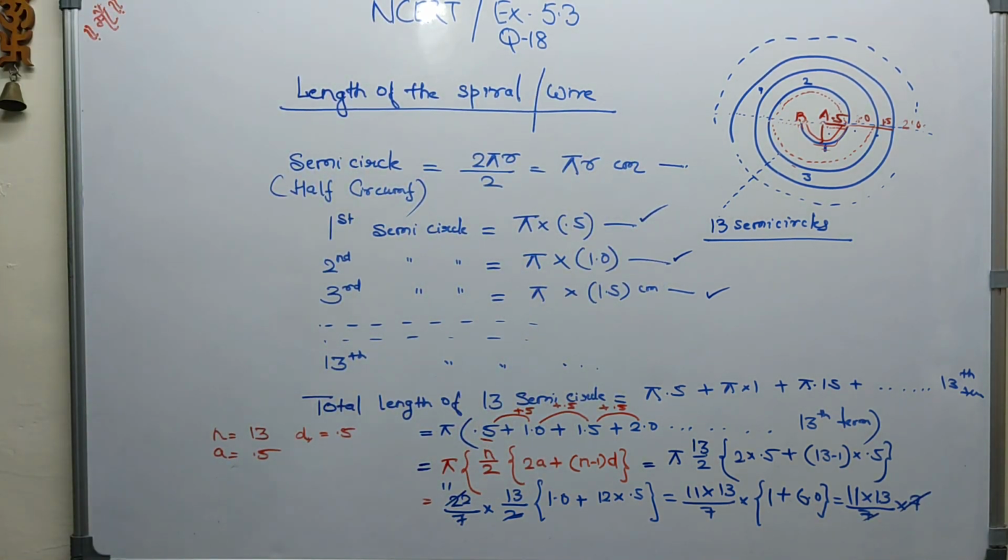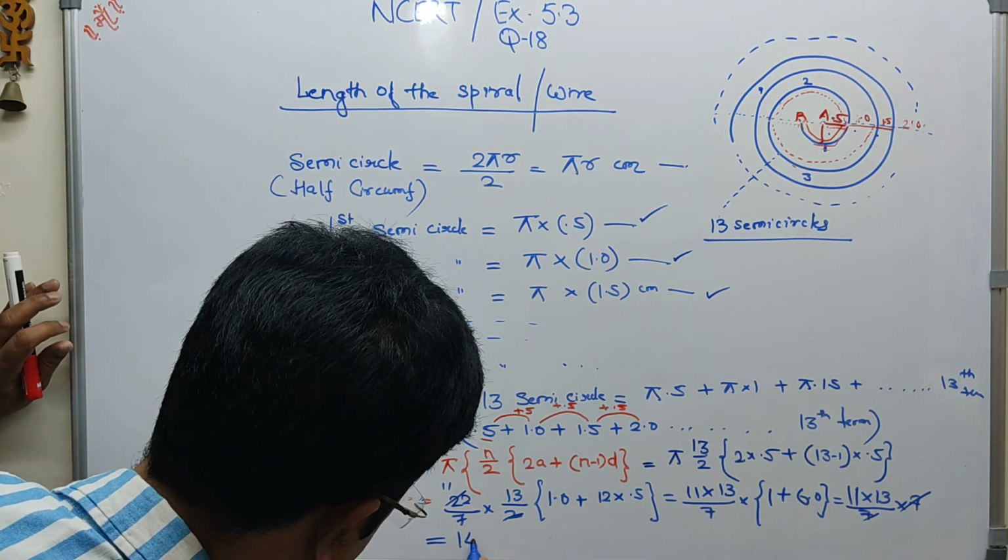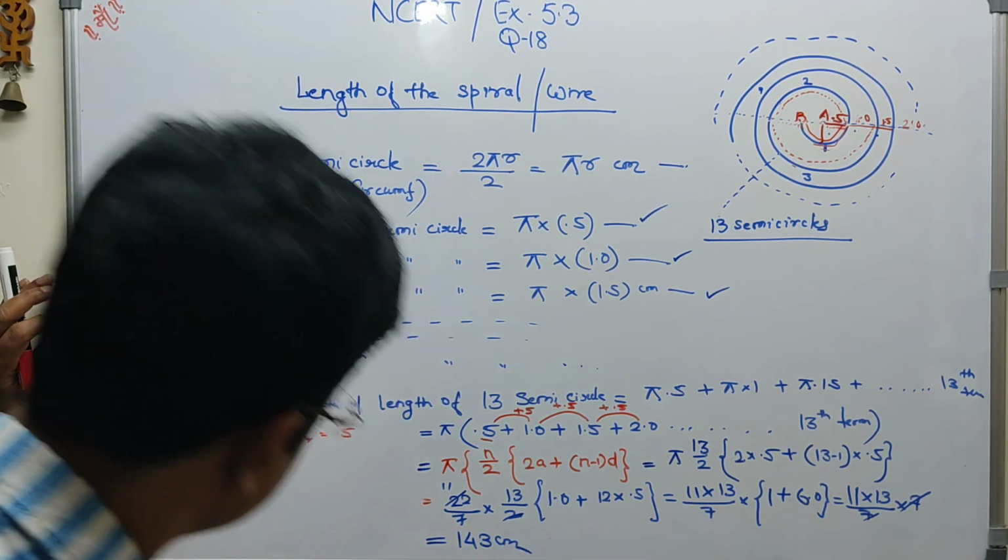The 7 gets cancelled. So we get 11 into 13. When you multiply, this is 143, so the total length equals 143 centimeter.